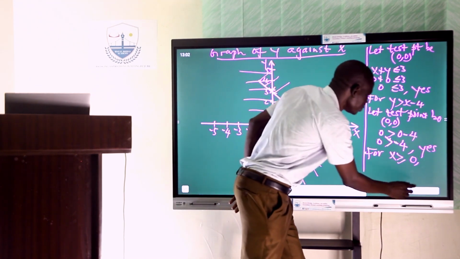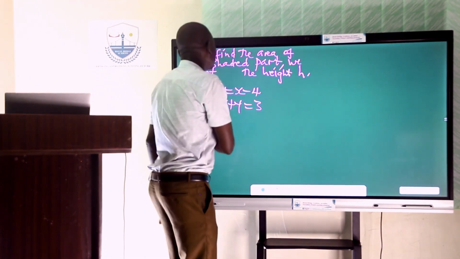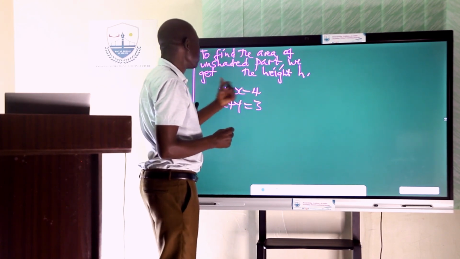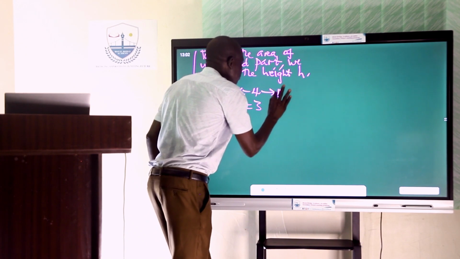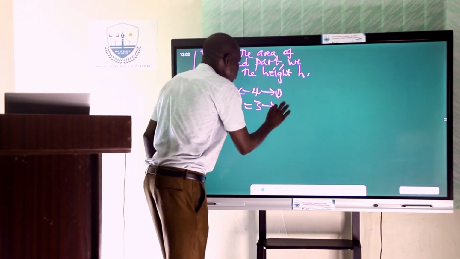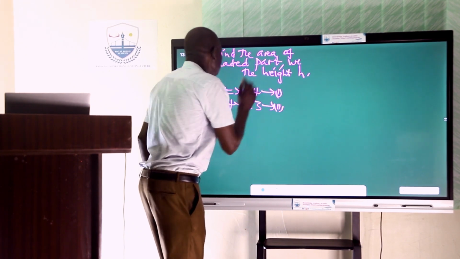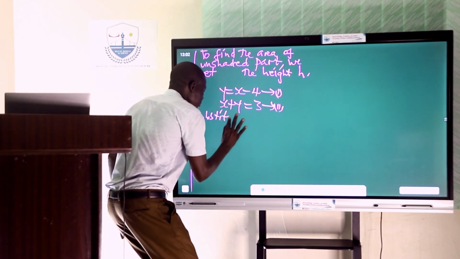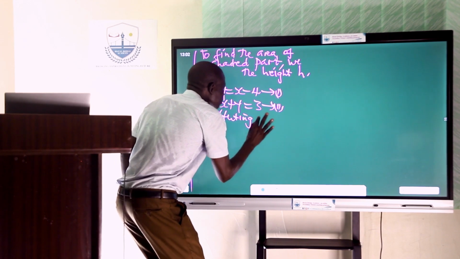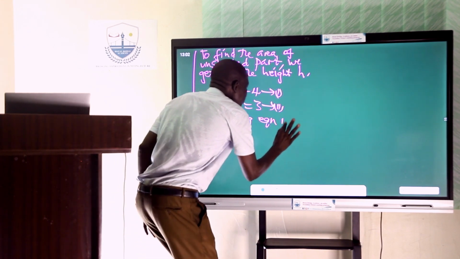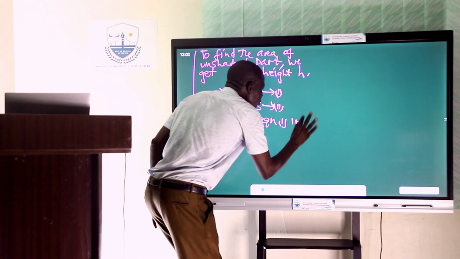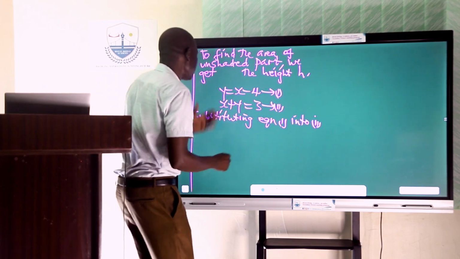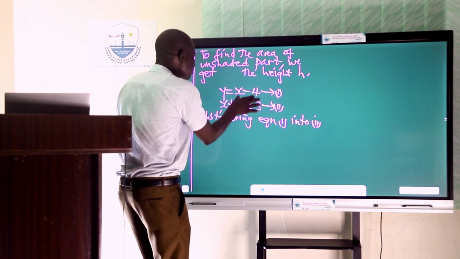So let us solve them. We can substitute equation 1 into equation 2. Where there is y, we put x minus 4.